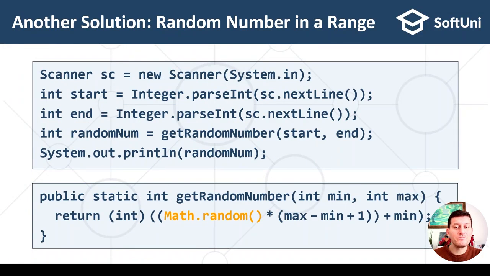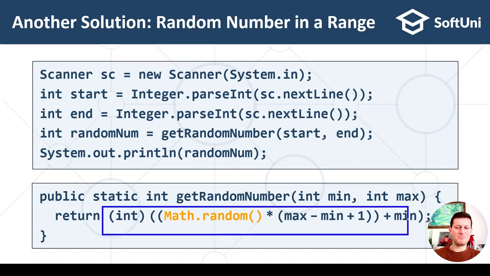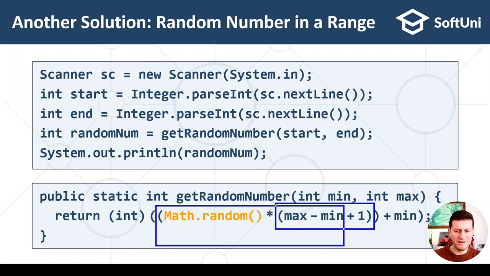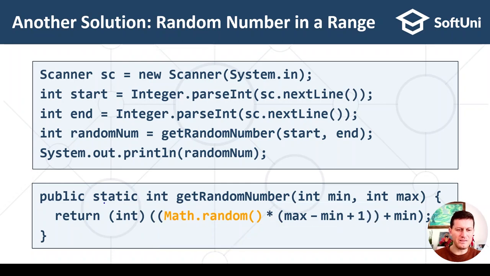So this is another solution based on Math.random. It is quite complicated. If you use the older API, Math.random, which generates a random floating-point number from 0 to 1, you need to specify the range, multiply by this, add the minimum, and finally truncate to int.